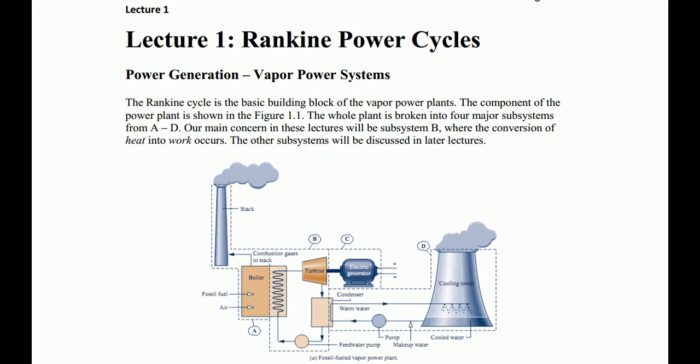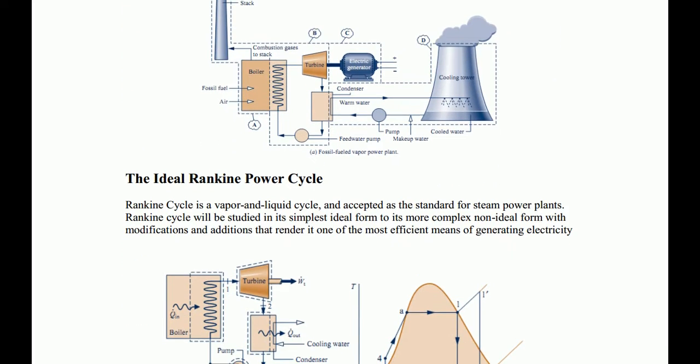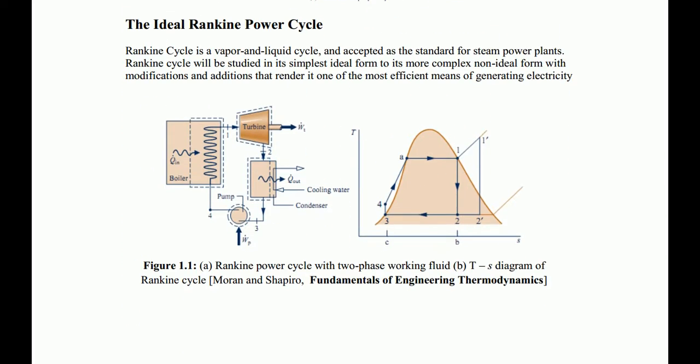Our first lecture, that is the Rankine power cycle, which is normally used in all the steam turbines and gas turbines, and the principle what it says is explained in the TS diagram.